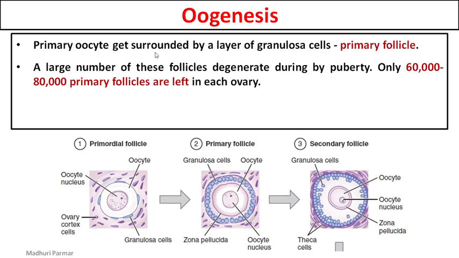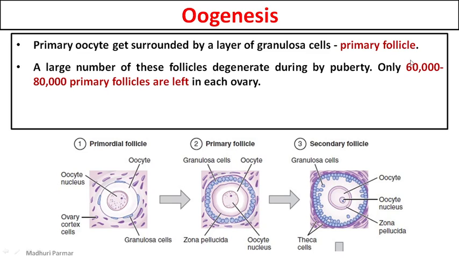A large number of these follicles degenerate by puberty. By the time puberty is reached, we had started with a lot of primary follicles, but a lot of these primary follicles or primary oocytes degenerate. How many are left? Only 60,000 to 80,000 in each ovary.